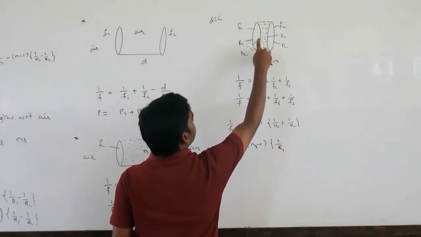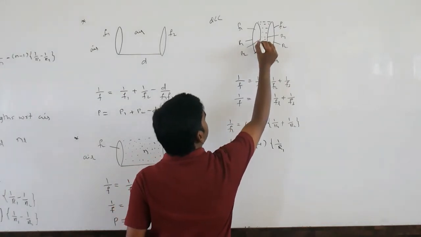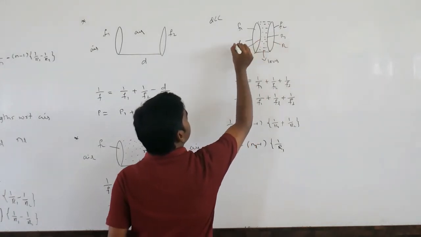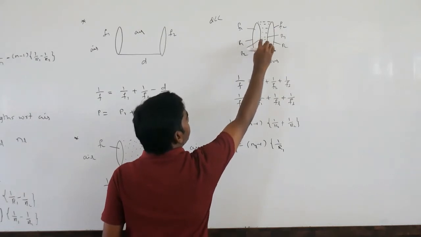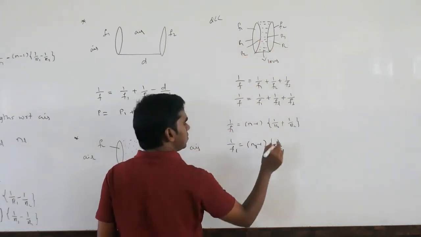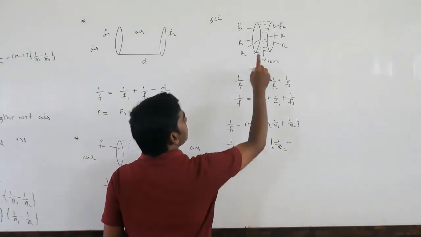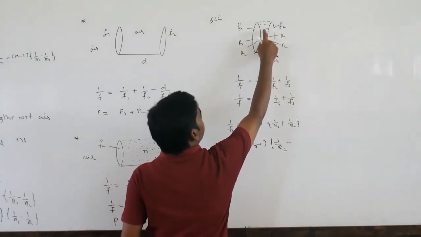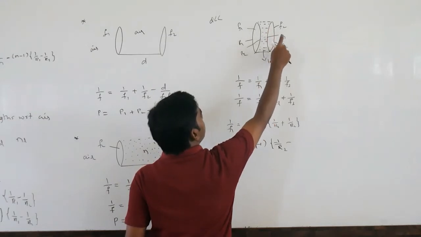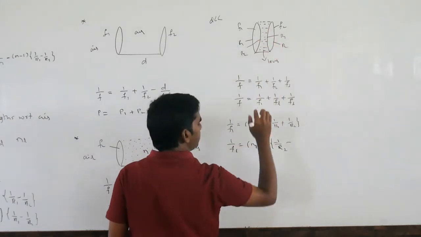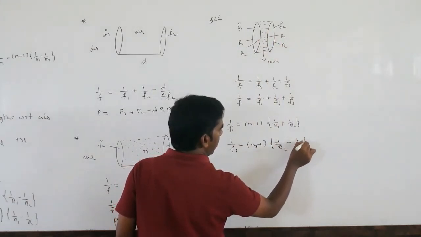So is R1 negative or positive? R1 will go on this side. That means for this lens R1 is R2, so you can write it as R2 but negative. For the liquid lens, your R2 will become R1, but it is positive, so it will become 1 by R1.